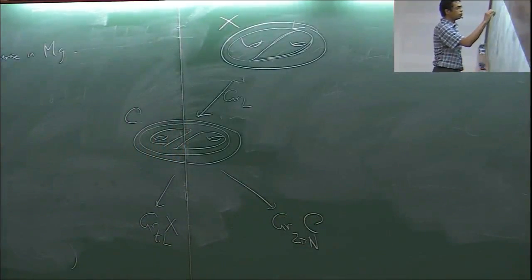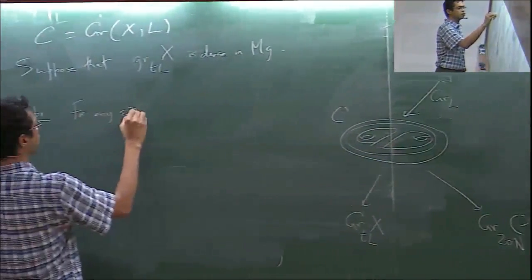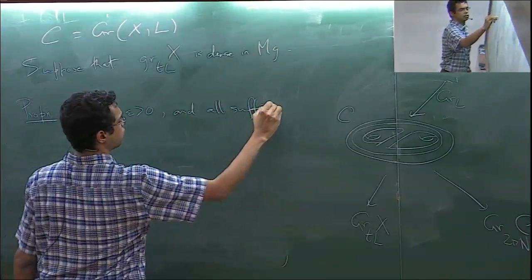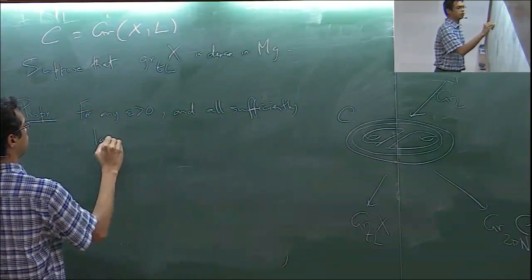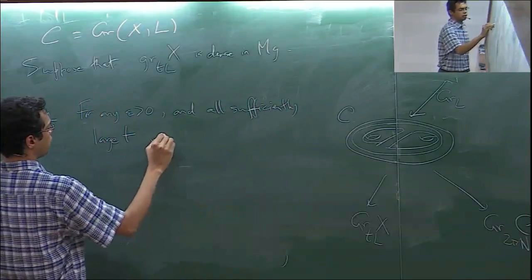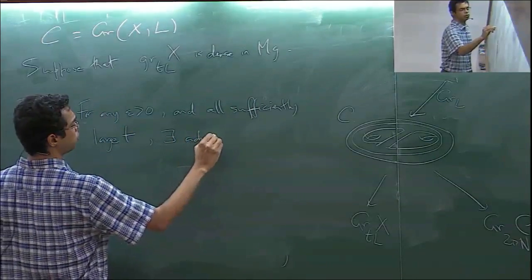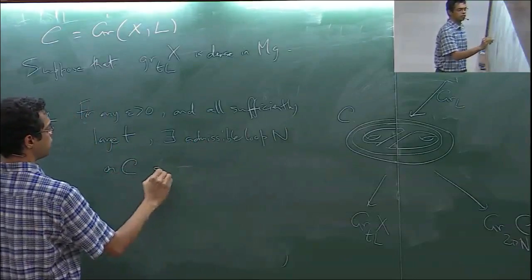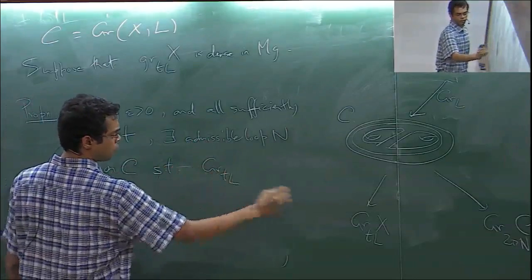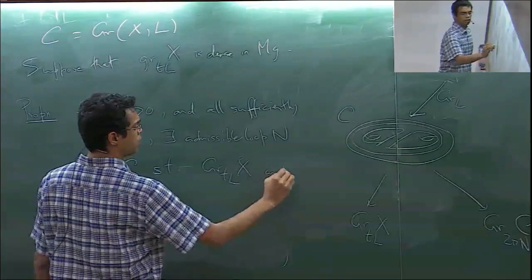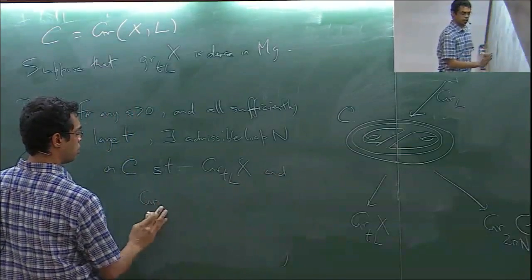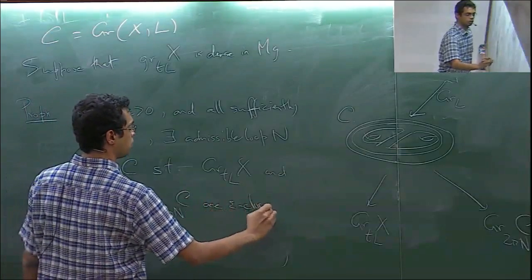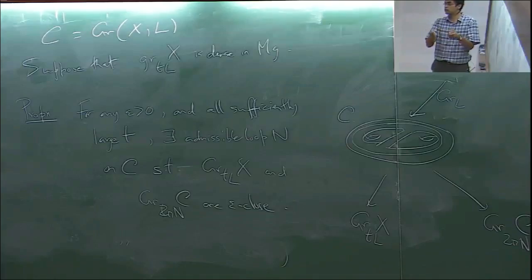So in other words, for any epsilon and all sufficiently large T, there exists some admissible loop n on this projective surface such that these grafted surfaces are epsilon close in Teichmuller space.